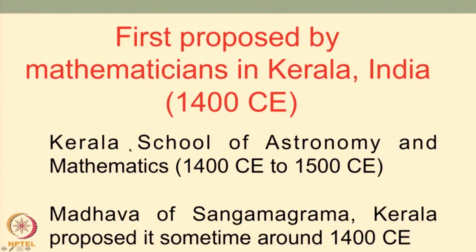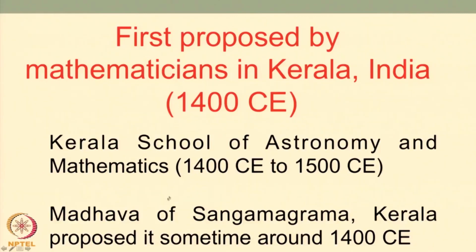In around this time, the medieval times, 1400 to 1500 CE, there was a group of scientists who now is known as the Kerala School of Astronomy and Mathematics. This was a group of mathematicians and astronomers who lived in this era from 1400 CE to 1500 CE.